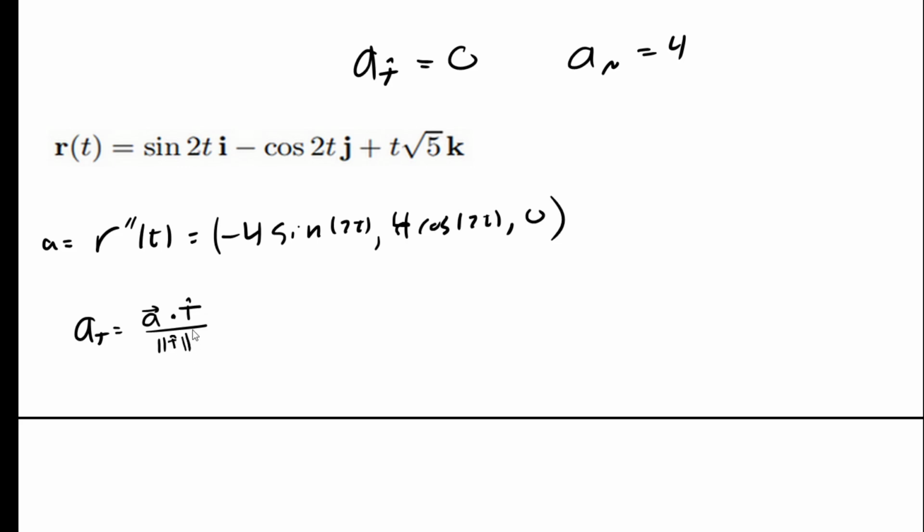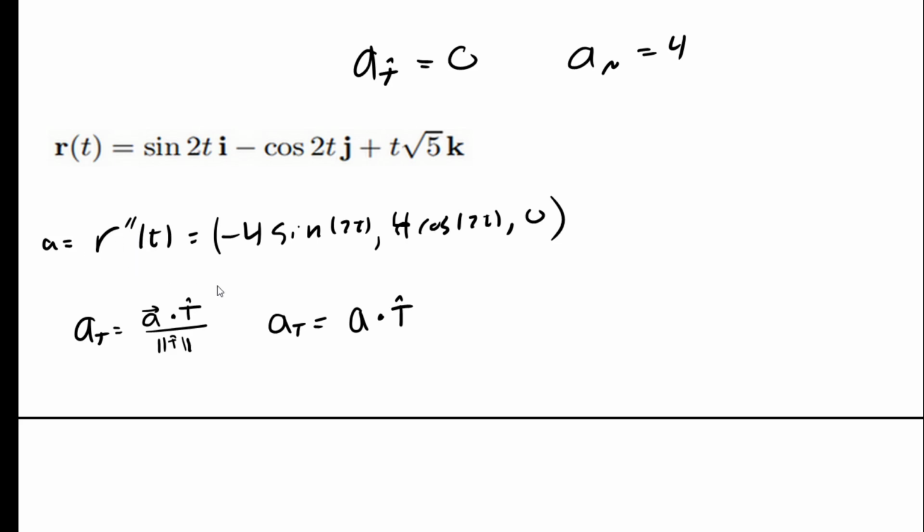Well, the tangent vector is already a unit vector. So this is 1. So AT is just the dot product of A with the tangent vector.